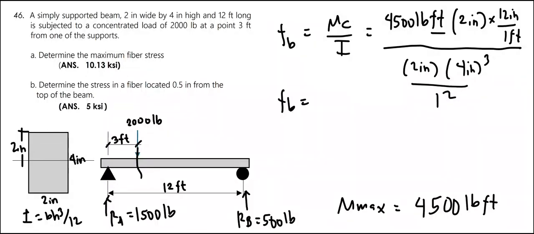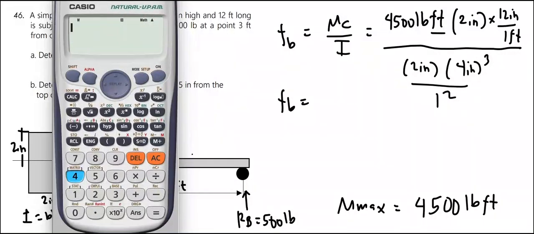We get our bending stress, that is equal to 4,500 times 2 times 12 inch per feet, and divided by 2 times 4 cubed over 12.